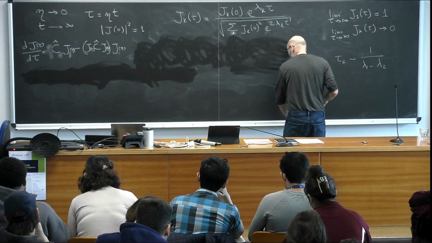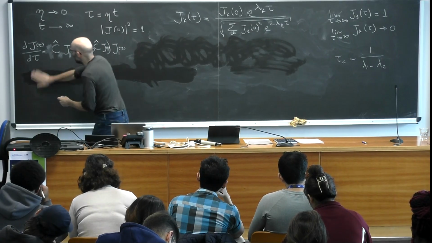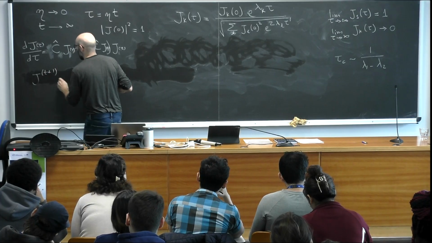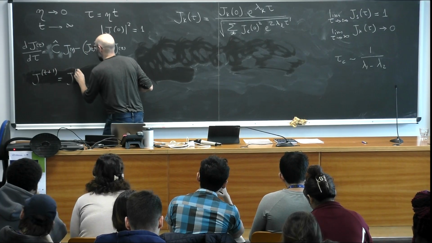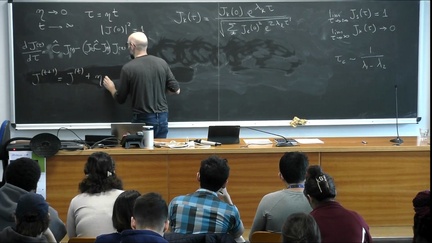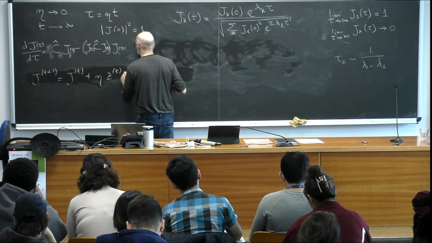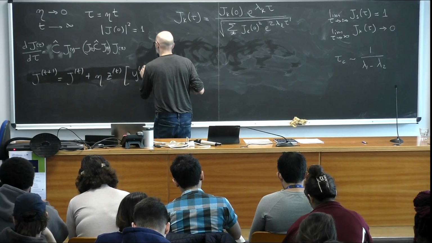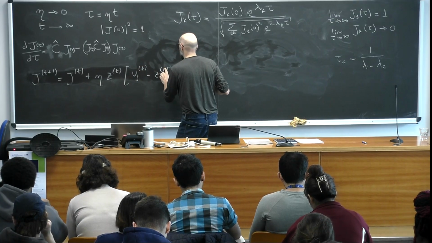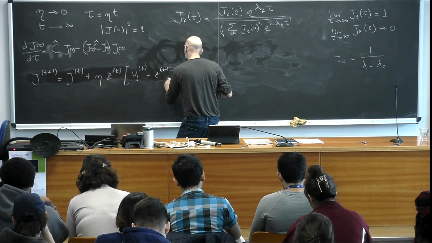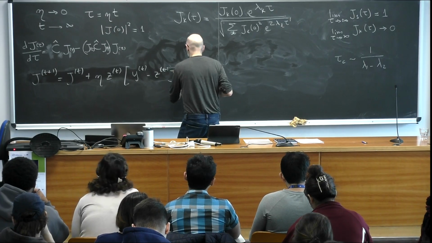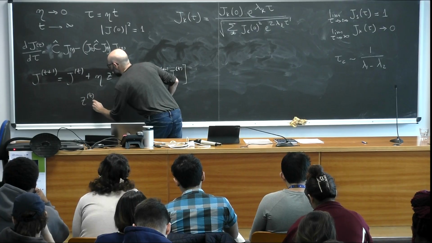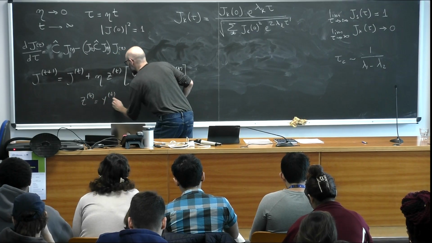The discrete time version is that j t plus 1 is equal to jt plus eta z of t times (yt minus zt jt). So this is the discrete time algorithm, where z is the scalar product of y with j.